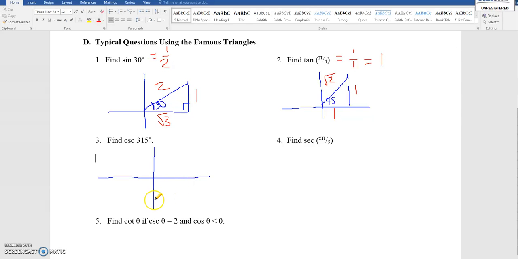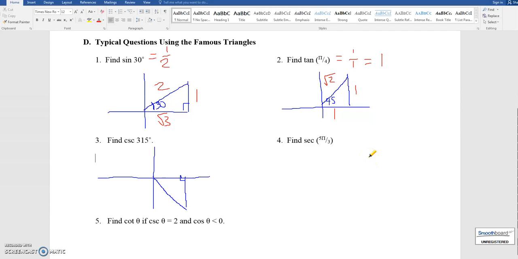So if this is 270 and this gets me to 360, it's somewhere in between here. We just need to think about what angle is left over. So I'm going to draw in an angle like this. We'll talk about what angle it's going to create here in just a second. Remember, we always draw a line straight to the x-axis from there. Okay, so now our stuff happens to be in the fourth quadrant.